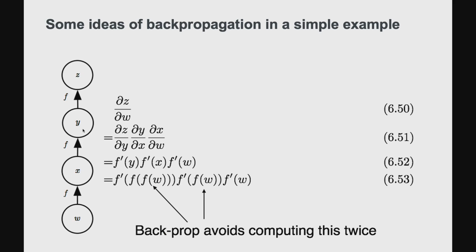In a large network where you compute the same values again and again, repeatedly computing a value like f of w would not be very efficient. So you look at what is the common structure that I need in my backpropagation, and then you share such values in order to avoid redundant computation.